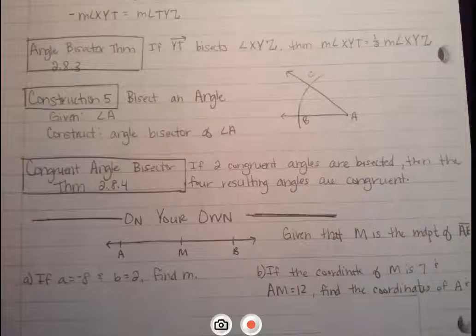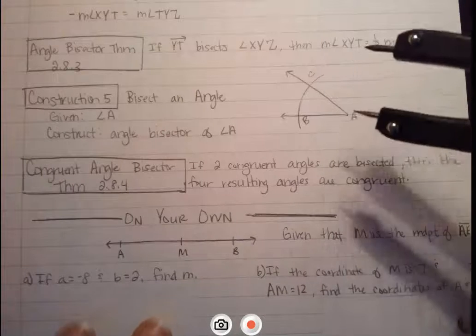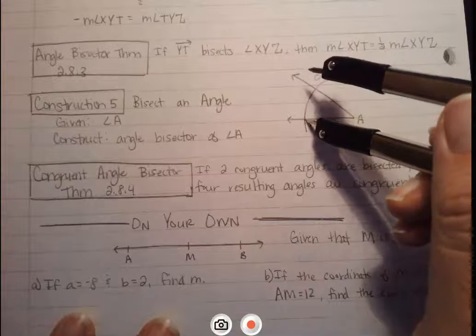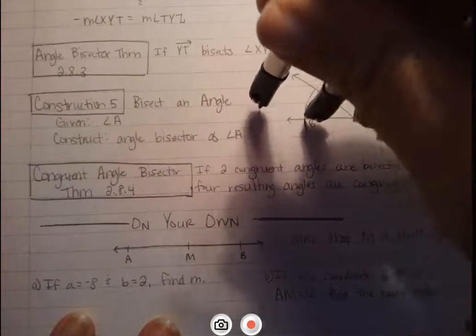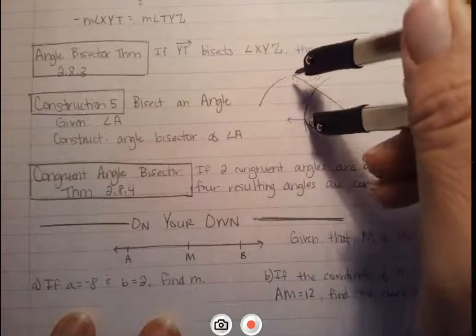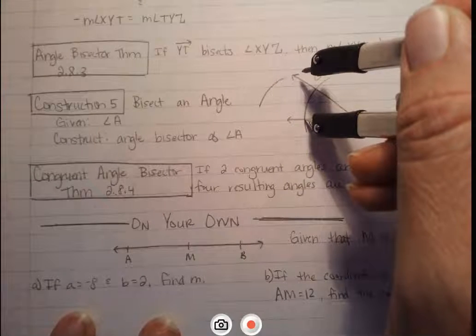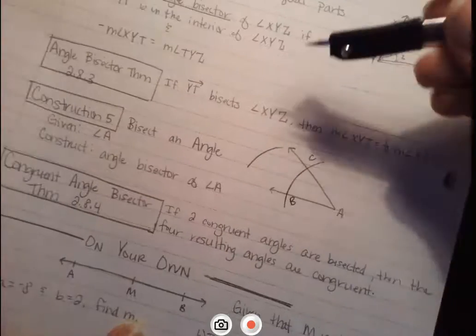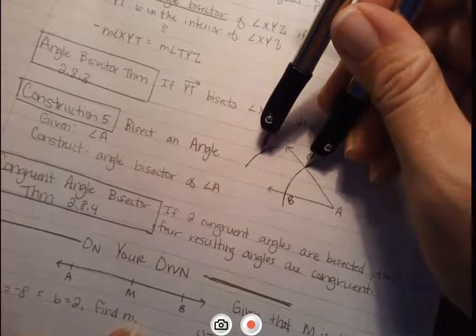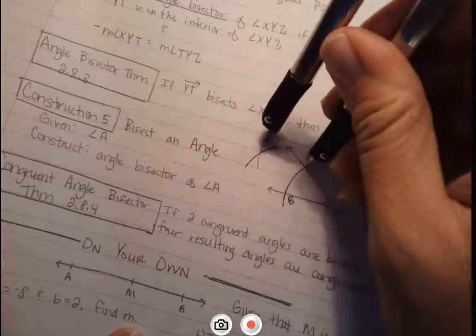Okay, now we're going to place the point of the compass on B, a point of intersection, and we're going to draw an arc up here, just like we did for our perpendicular bisector. And then we're going to do the same thing with C. Put your point on C and go up there and intersect those arcs.